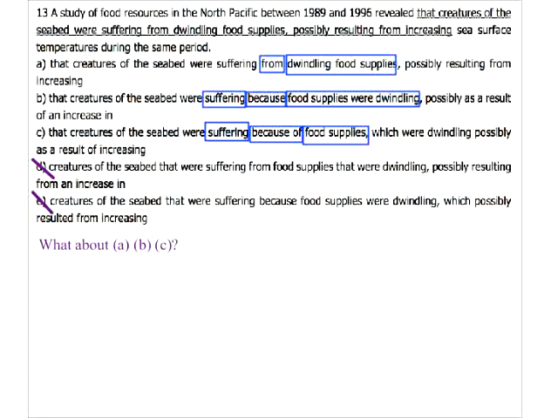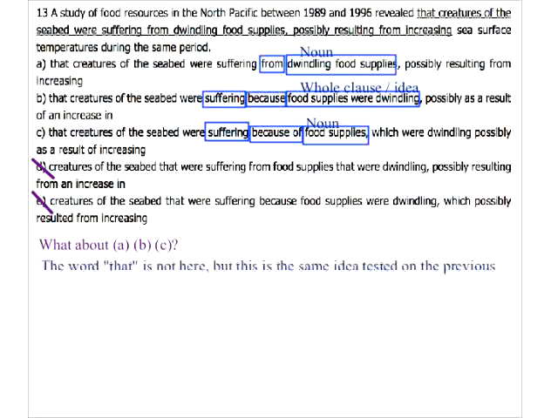This is a noun, this is a whole clause or idea, and this is a noun again. Even though the word "that" is not here, it's the same idea tested on the previous slide. What do we mean again? What's the message?